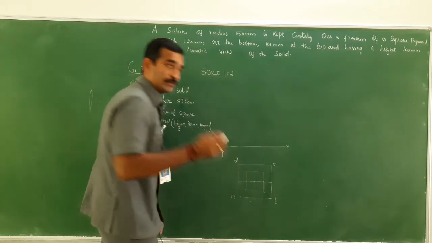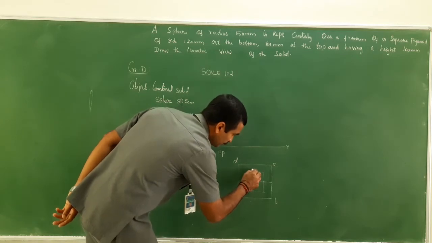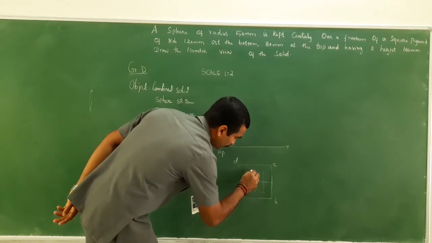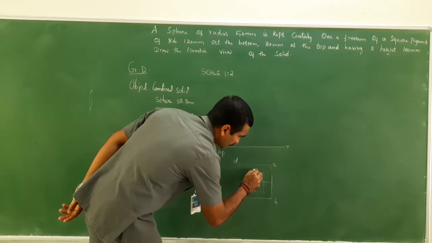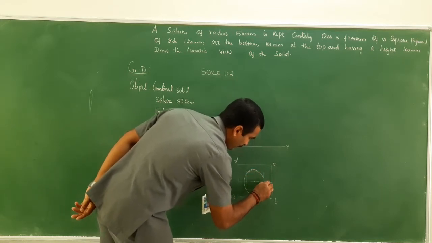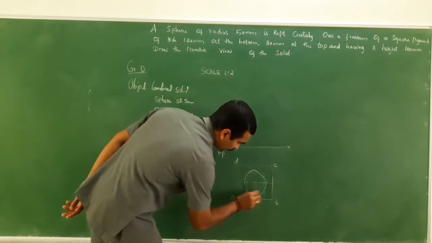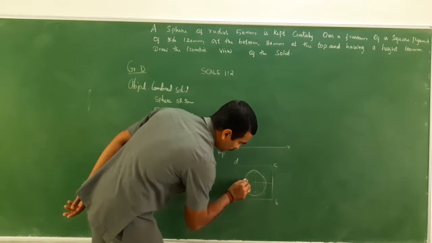Take 25 mm in your compass, right? Draw a full circle.